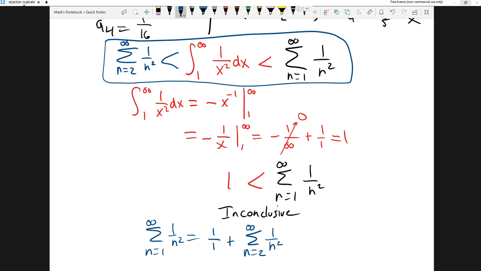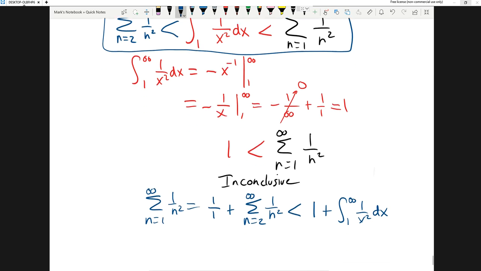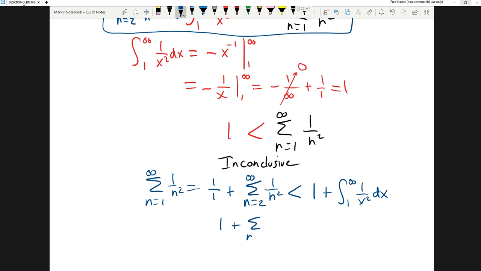And if we know that this sum is less than the integral, then that must be less than or equal to 1 plus the integral from 1 to infinity of 1 over x squared dx. All right, well, we already know what that integral is. We evaluated that up above. We showed that that was equal to 1. And so 1 plus the sum from n equals 2 to infinity of 1 over n squared is less than or equal to 2.